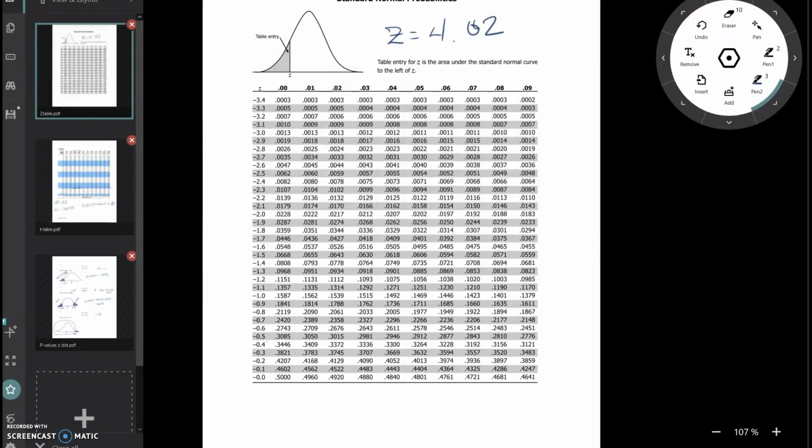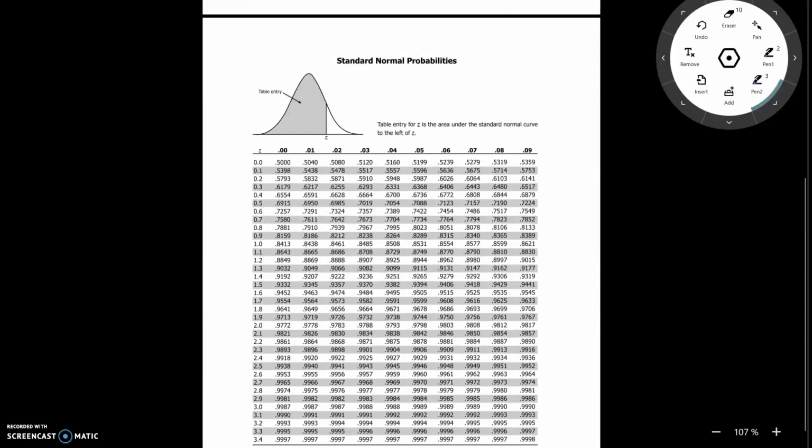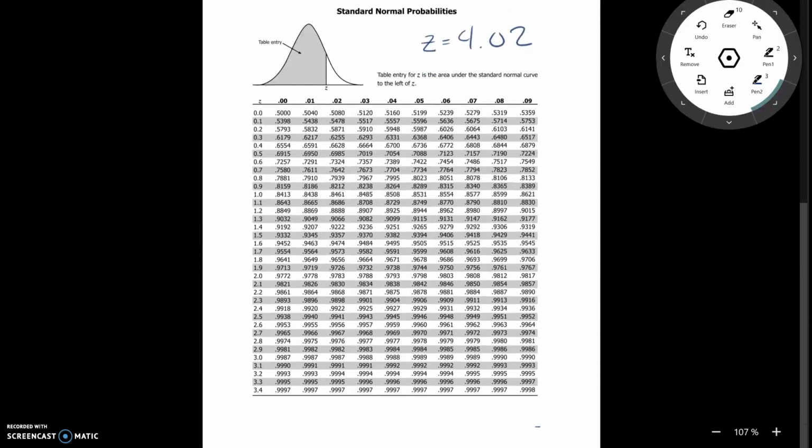These are all negative, so we're going to go to the next page. Now notice the largest value on this table is 3.49. Our z is so big it's not on this table, and that happens a lot.